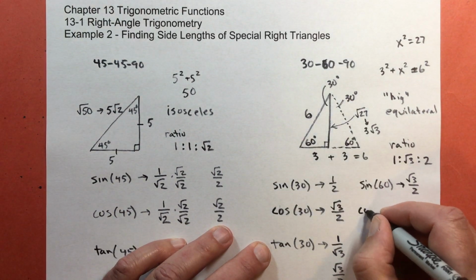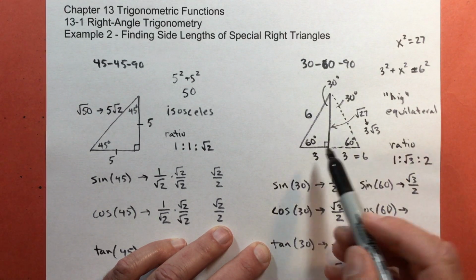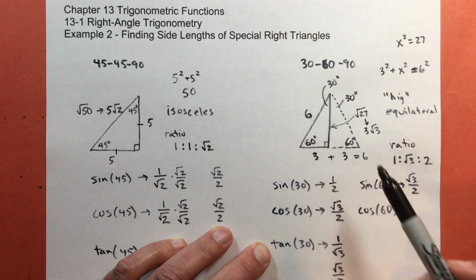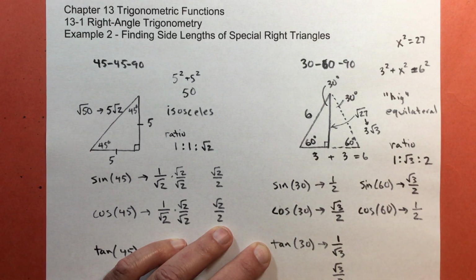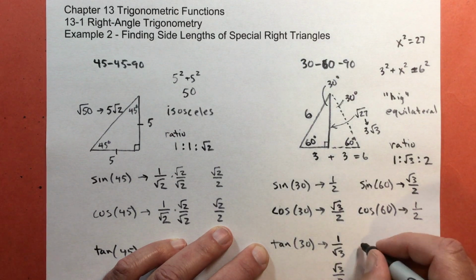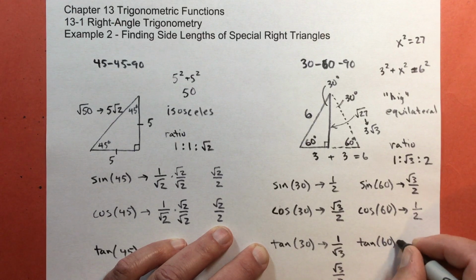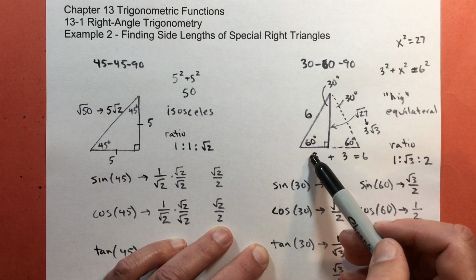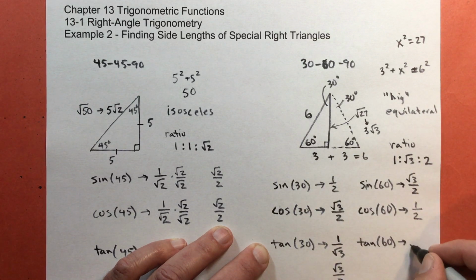The cosine of 60 degrees, here's 60 degrees, cosine is adjacent over hypotenuse, that's 3 over 6, which reduces to 1/2. Notice something about that too. And the tangent of 60 degrees is going to be opposite over adjacent, 3 times the square root of 3 over 3, which just leaves me square root of 3.